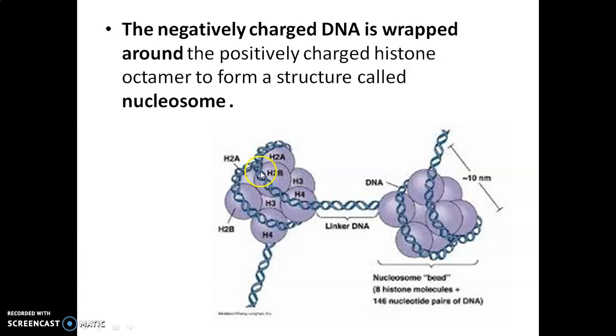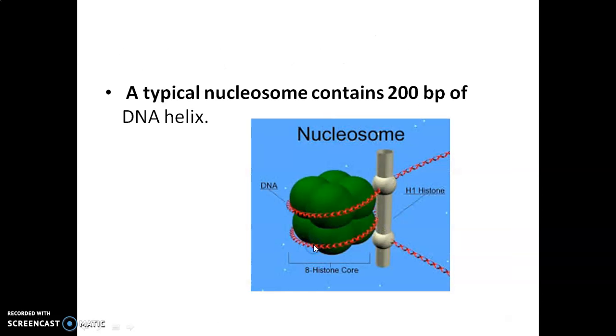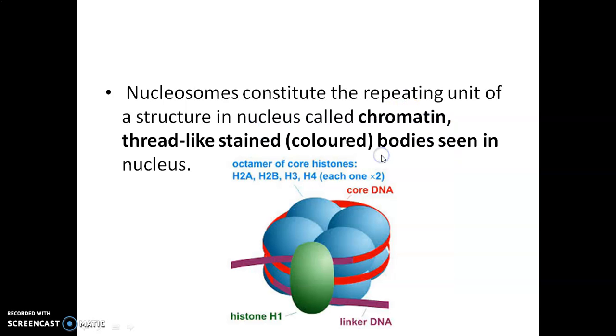The negatively charged DNA is wrapped around the positively charged histone octamer to form a structure called nucleosome, and this model is explained as the nucleosome model. The question will ask to explain the nucleosome model of DNA. A typical nucleosome contains 200 base pairs of DNA helix.